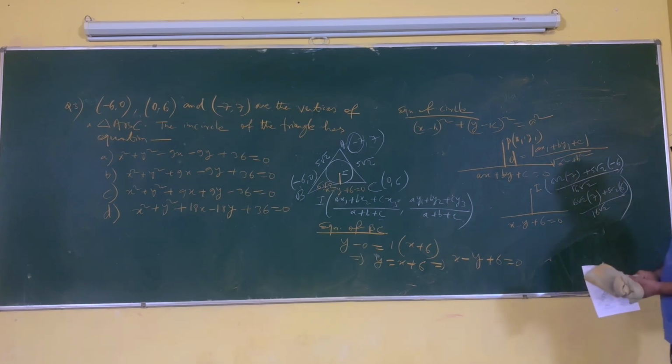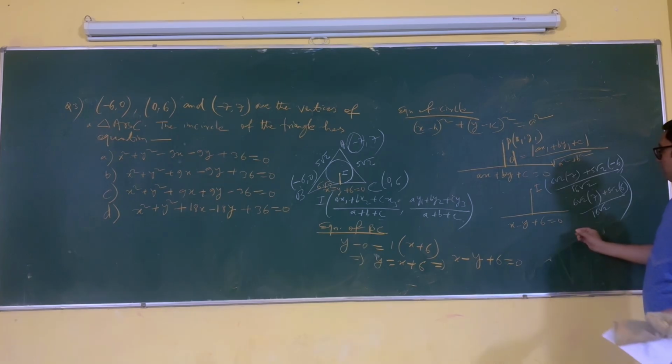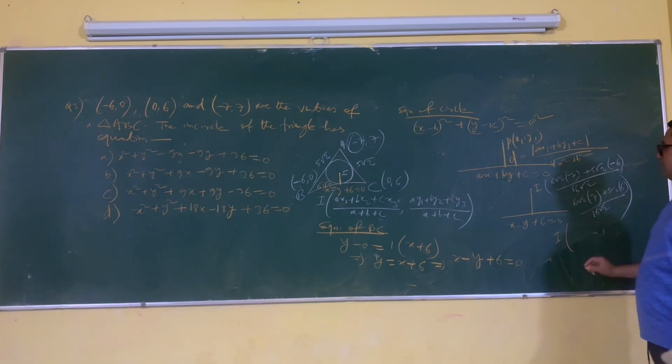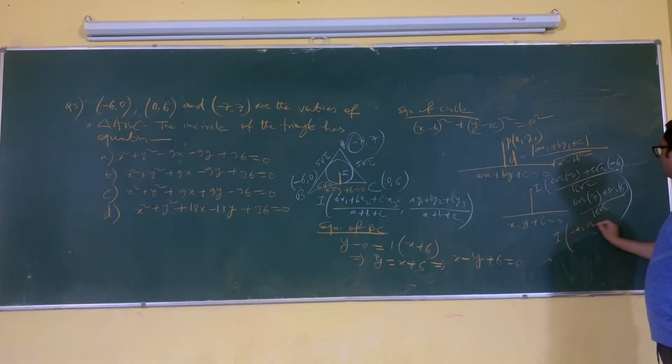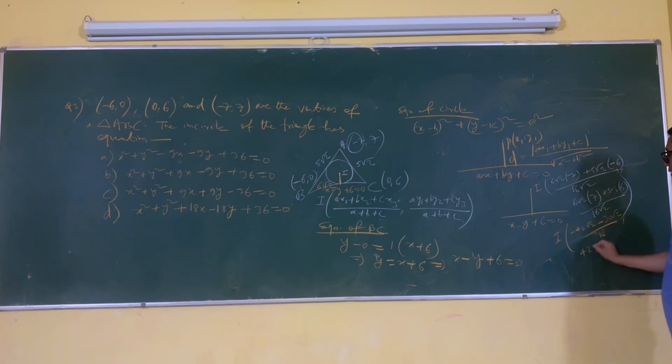So the coordinates of I will be: 6 7s are 42, minus 42 root 2, and then minus 30 root 2, upon 16 root 2; and for y, 6 7s are 42 root 2, and then plus 30 root 2, upon 16 root 2.